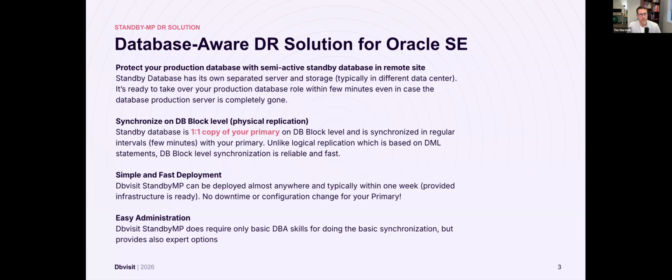It's a semi-active standby database, usually deployed at a remote site. So if you have a power failure in your data center, you can fail over to that standby site, which might be in a different state, potentially even in a different country. It has its own separate server, separate storage, and it's completely independent.